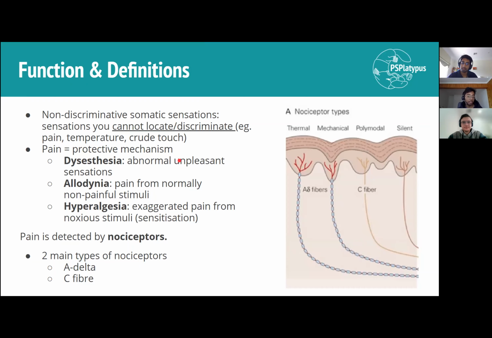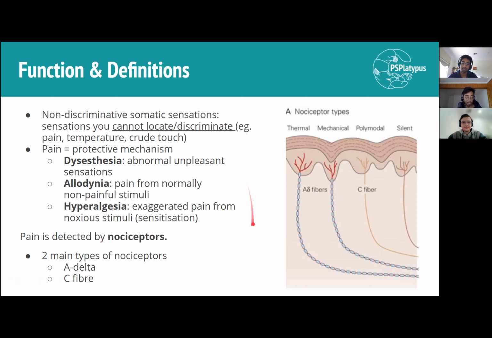Our body can also alter our sensations of pain, to cause dysesthesia, abnormal unpleasant sensations, allodynia, which is pain from normally non-painful stimuli, and hyperalgesia, which is exaggerated pain from noxious stimuli, or sensitization to that stimulus.